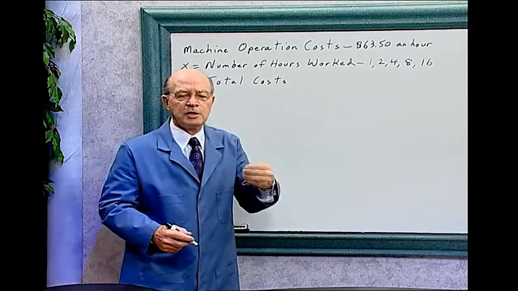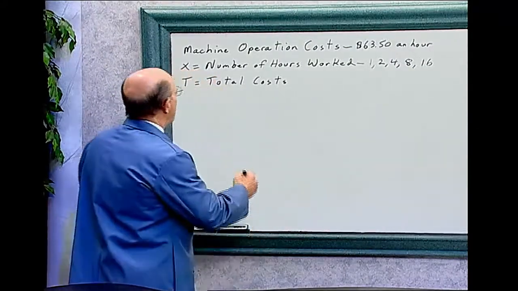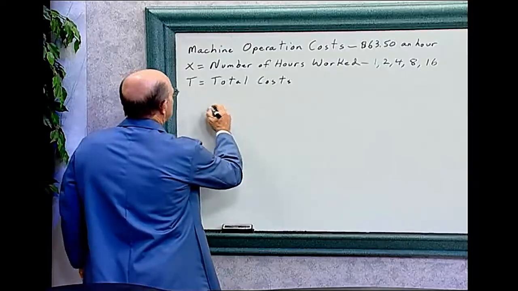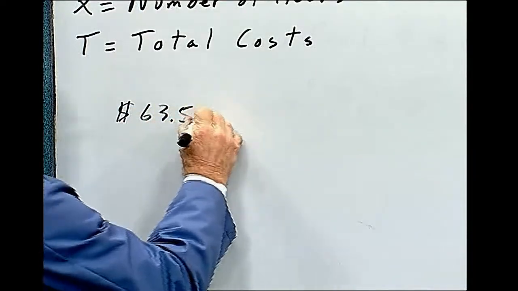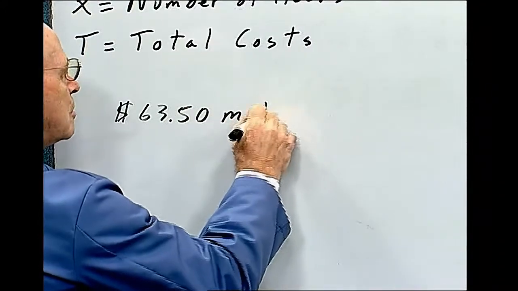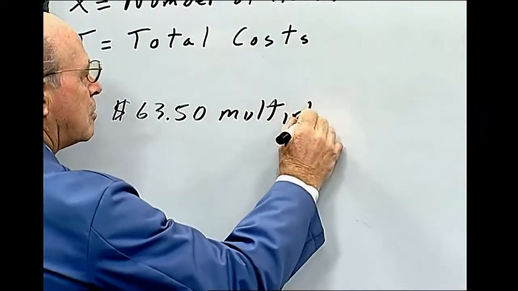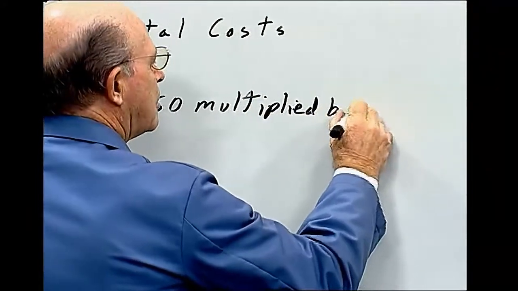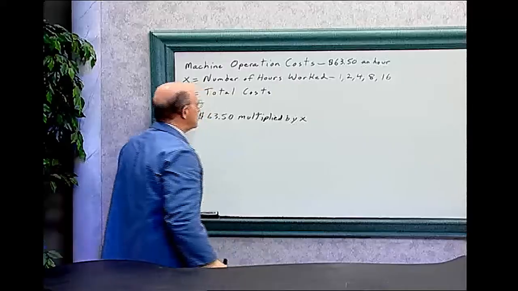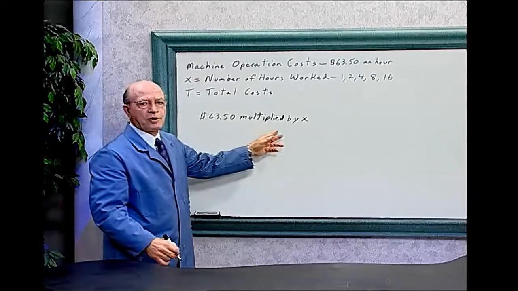Let's do a verbal expression first. All right, so that's $63.50 multiplied by X. Now that's a verbal expression.